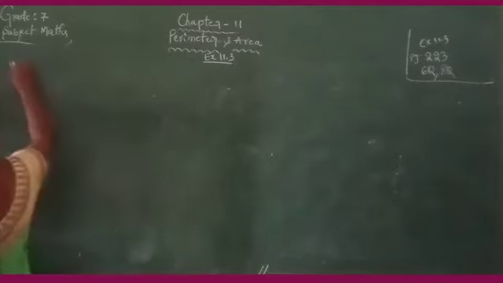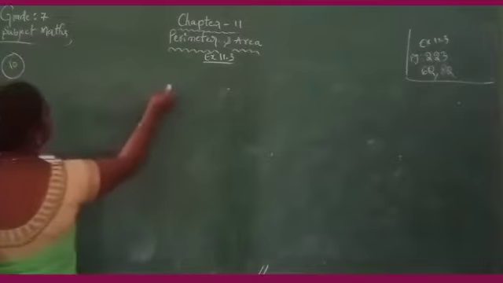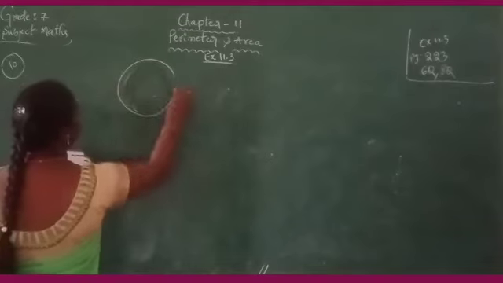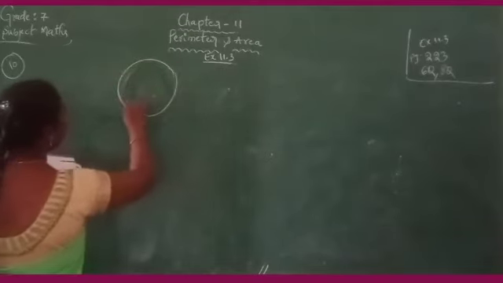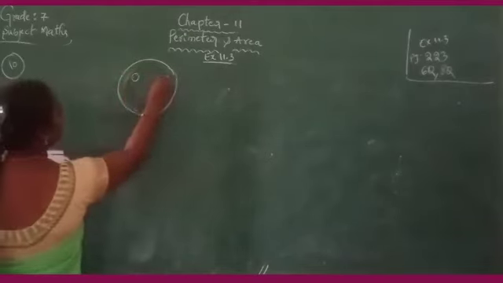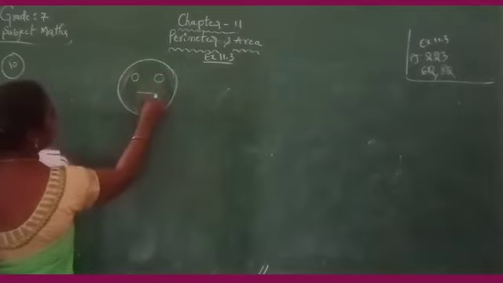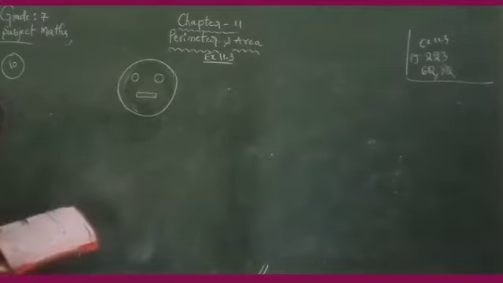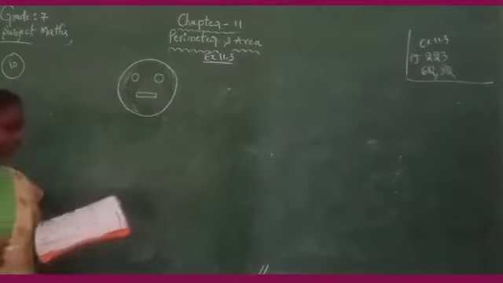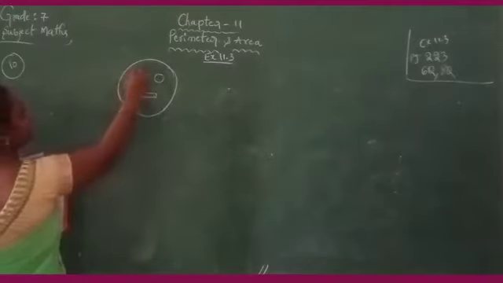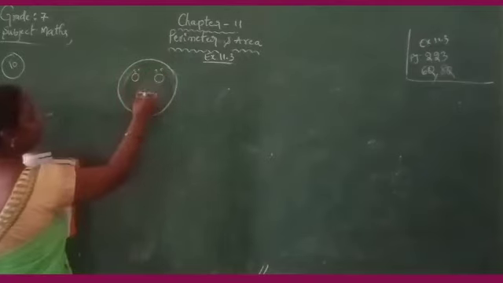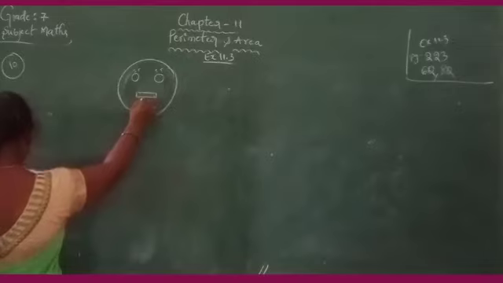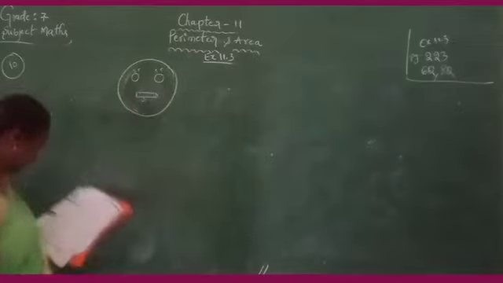So the circular sheet has a 14 cm radius, with two smaller circles of radius 3.5 each, and one rectangle having length 3 and breadth 1 centimeter.